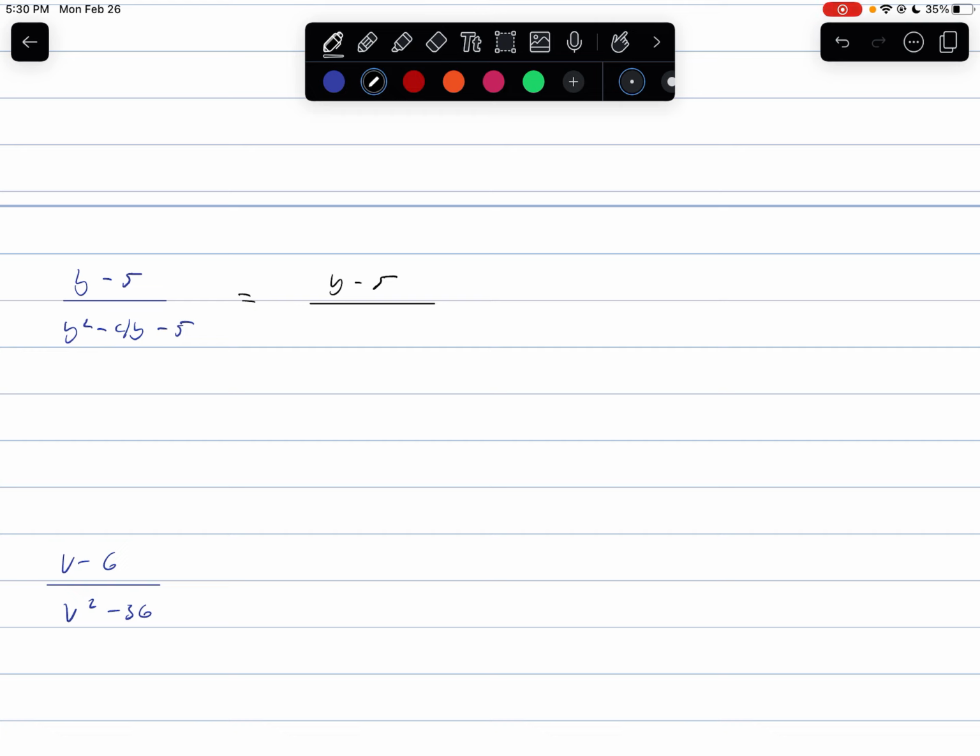This is with the goal of trying to factor the denominator here. Well, we have negative 5 and 1 would do that. So negative 5 times 1 gives us negative 5, and negative 5 plus 1 gives us negative 4. So we can have y minus 5 times y plus 1.